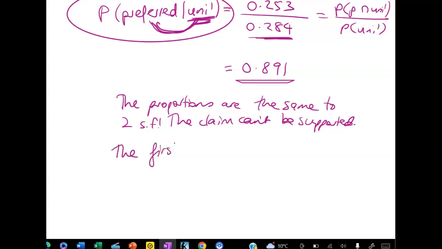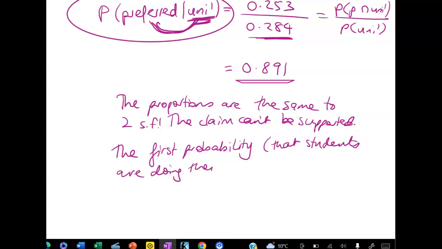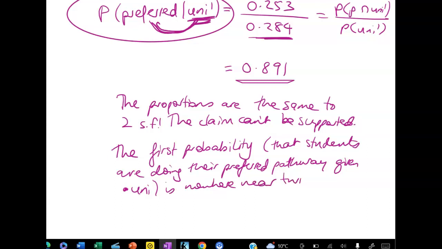The first probability, that students are doing their preferred pathway given uni, is nowhere near twice as high as the second.